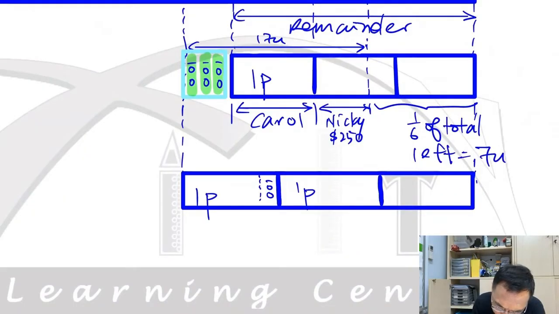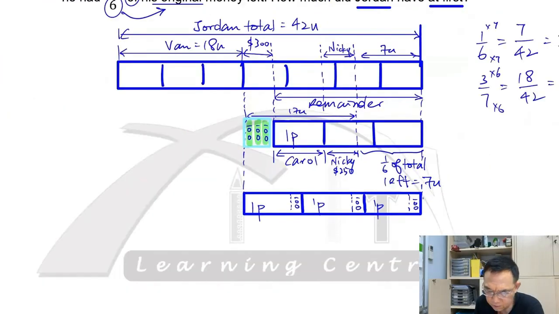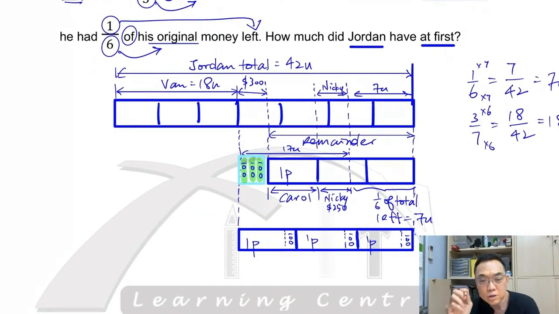One part plus 100. One part plus 100. Can you all see what I'm trying to do? This is why I cut it into 3 parts, so that I can share it out.